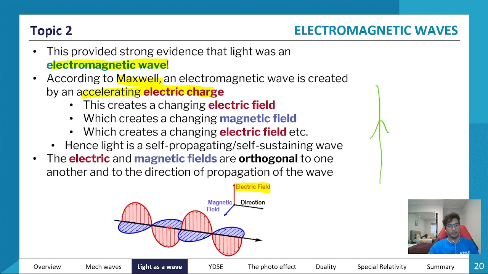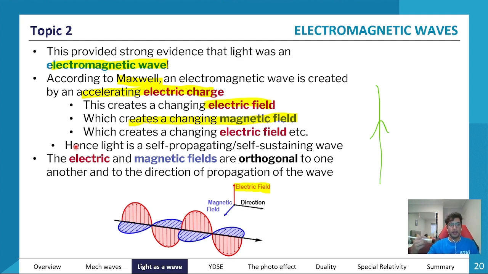So applying that same logic, accelerating a charge creates an electric field, and that electric field is also going to create a magnetic field.